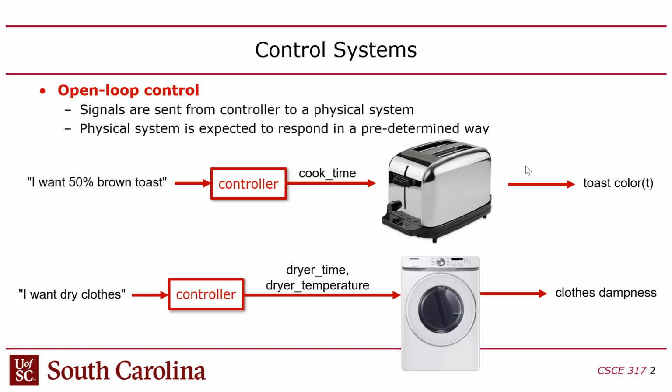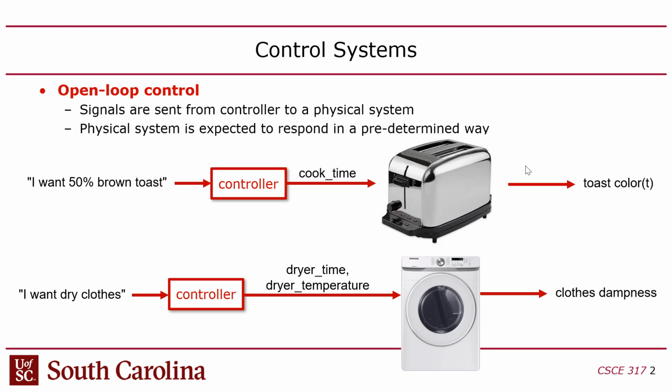So I'm going to start out with a rant about toasters and washing machines. So a toaster, I don't know if you have this issue, but if you like your toast a certain color, a certain toastiness, right? The toaster has a setting where presumably you can set the control on the toaster.